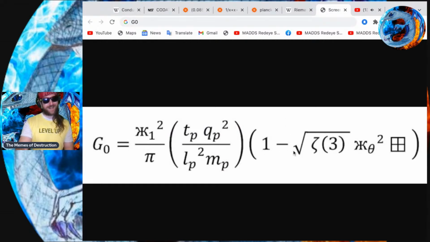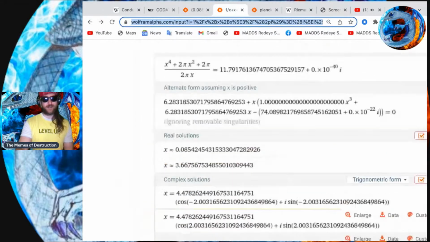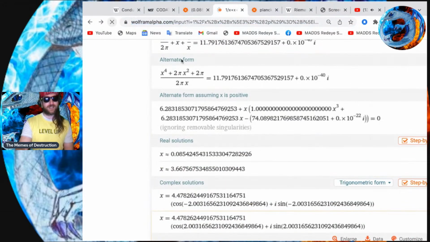Okay, so we got 1 minus the square root of zeta of 3 times J theta times that inversion boundary, the 10 to the negative 7. What the heck is J theta? Go back to our friend the hyperbolic vortex equation again. Let's reload real quick.